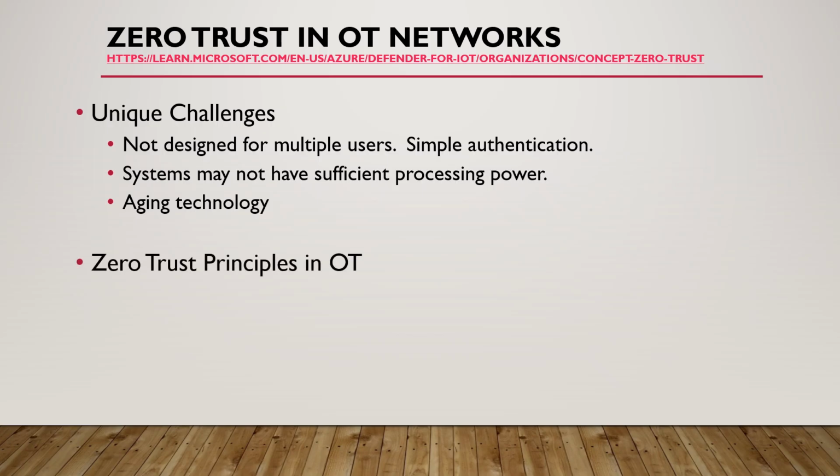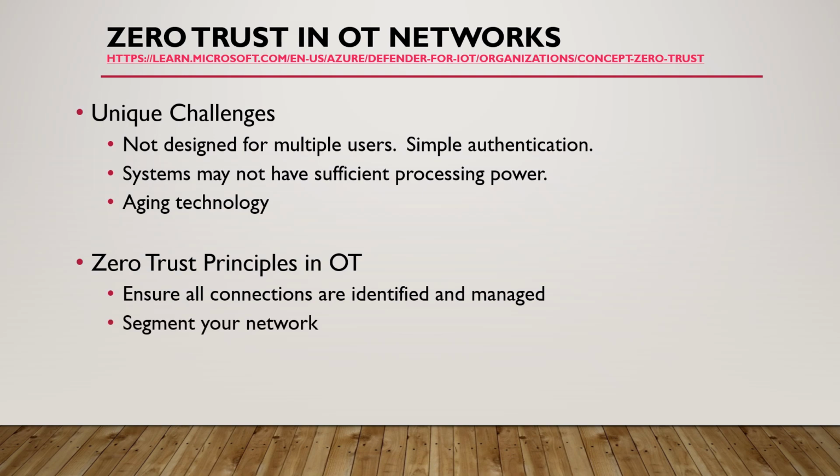Microsoft also included some recommendations when applying zero trust principles to OT networks. Make sure that all connections between networks and devices are identified and managed. Segment your network to limit data access, ensuring that all communication between devices and segments are encrypted and secured and preventing lateral movement between systems.